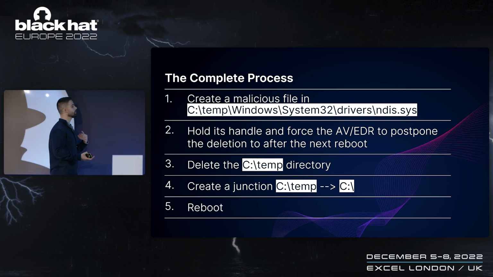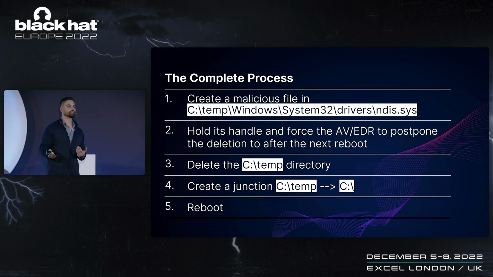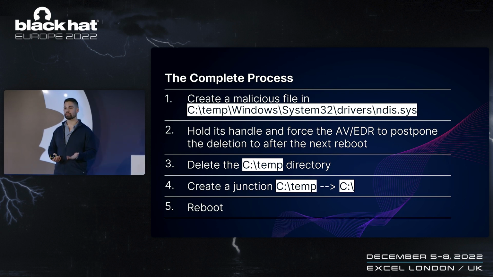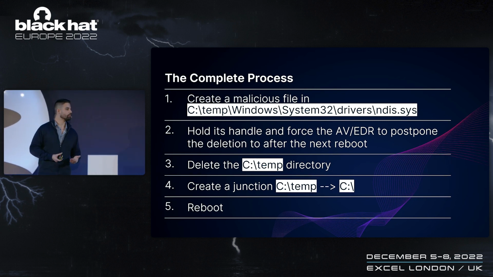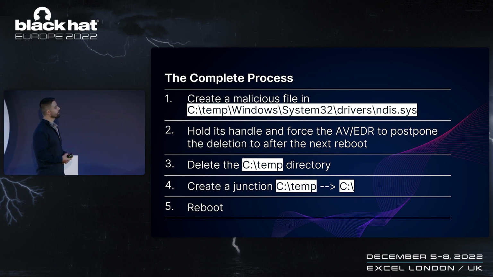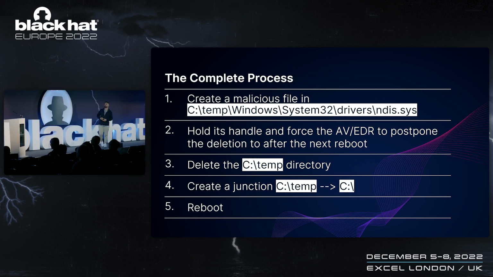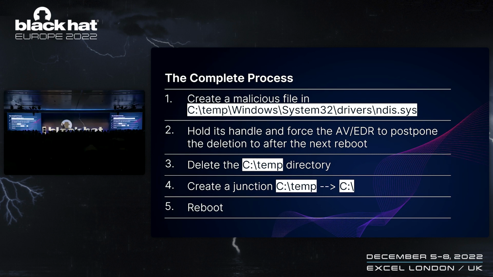And this process was created after I combined the method that I talked about earlier with creating a junction between these two events and forcing a reboot. So overall, if we take a look at the previous example with the ndis.sys file, in order to achieve a deletion of the original ndis.sys file, what we need to do is to create the path C:\temp\Windows\System32\drivers\ndis.sys, then hold the handle to the ndis.sys file that we created, and force the EDR to postpone the deletion to after the next reboot.